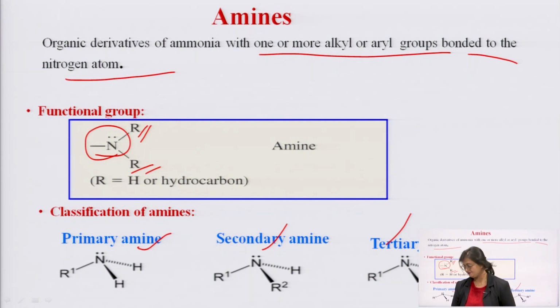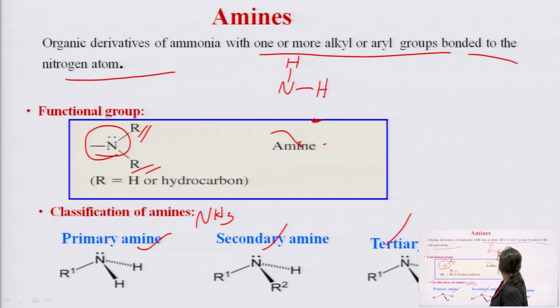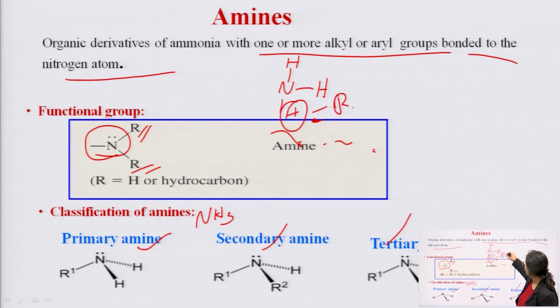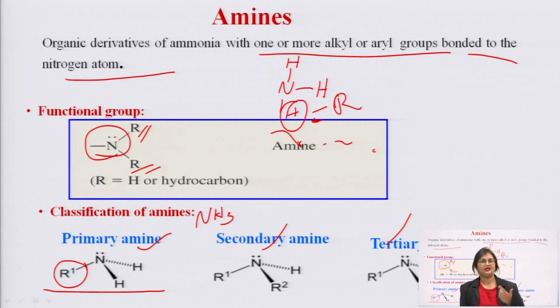In primary amines, one of the hydrogen atoms in NH3 is replaced by an alkyl or an aryl group, making it a primary amine.